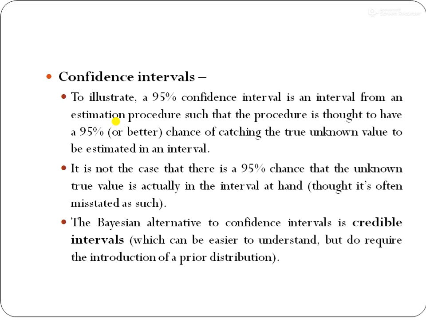So the probability of catching the true value is given by the confidence interval. It is not the case that there is a 95% chance that the unknown true value is actually in the interval at hand. There is an alternative to confidence intervals, namely credible intervals, which can be easier to understand but do require the introduction of a prior distribution.